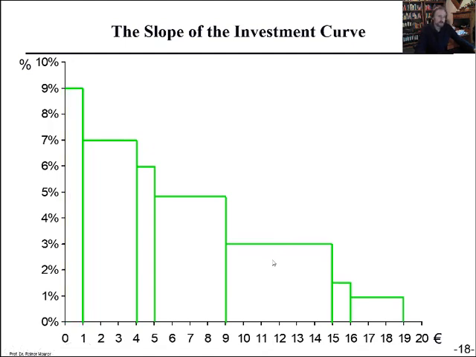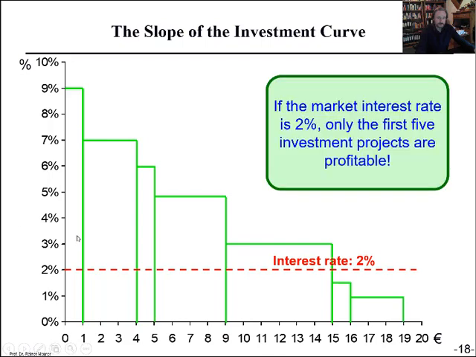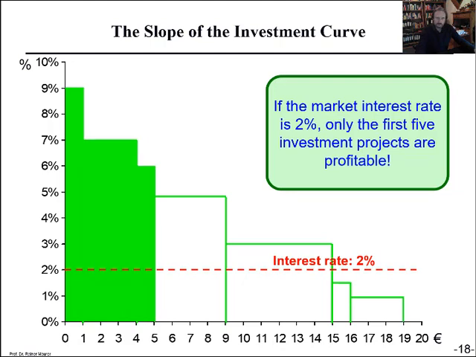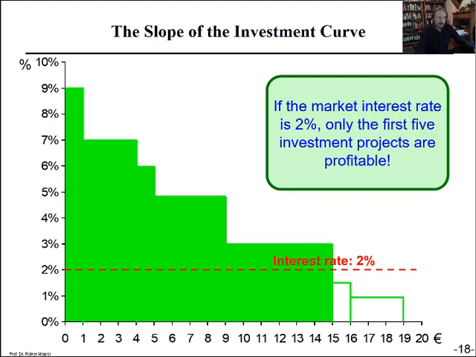How many investment projects would be realized if the market interest rate is 2%? Well, of course, at an interest rate of 2%, the first 5 investment projects will be profitable. Only the expected return of the last 2 is too small at an interest rate of 2%.